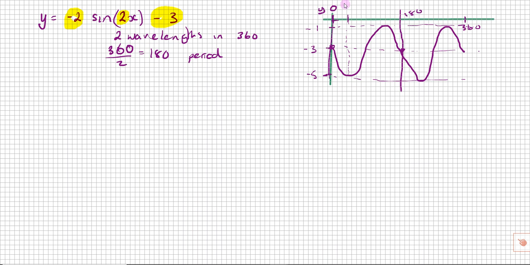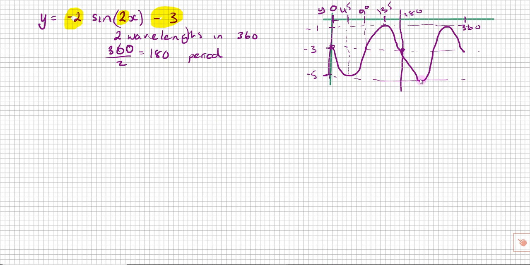Not 90 now, is it? It's 45. Because the middle now is at 90. And then this point has got to be at 135. Okay? So you can see all those points have been compressed as well. And where does it carry on from?